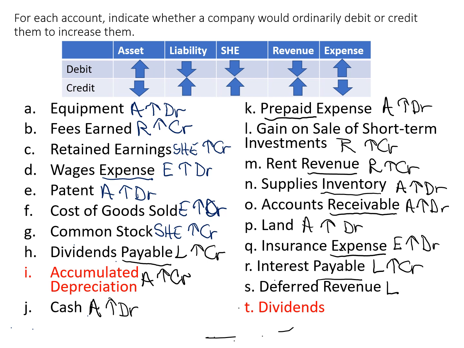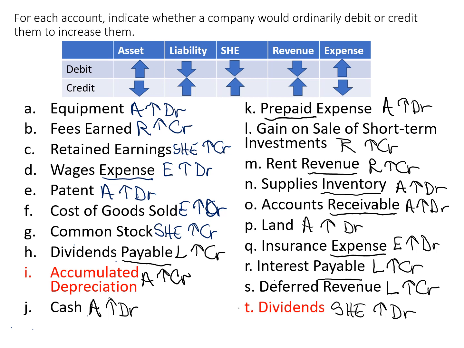It's a liability, increased by a credit. And dividends, yes, is a shareholder's equity, but notice how it's in red, and it is increased by a debit, because it's an exception. So that's some examples of how debits and credits impact the accounts.